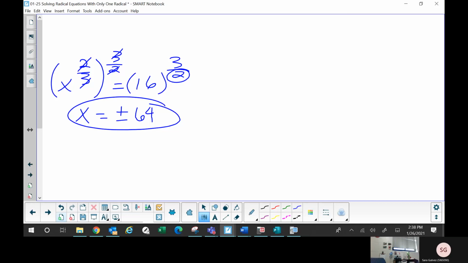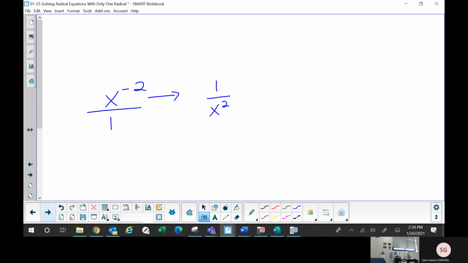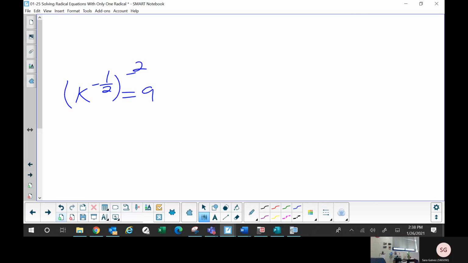All right, and look at question 6. Question 6, we have k to the negative 1/2 equals 9. To undo that, what is the reciprocal of negative 1/2? That's just -2/1. So we have k equals basically 9 raised to the -2 power.